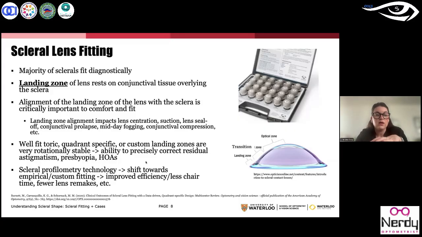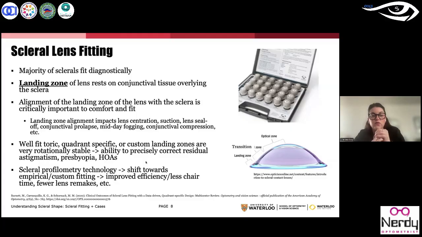They're very rotationally stable. And if we want to try and put any of those optical zone customizations that we mentioned earlier, front toric correction, HOAs, multifocals, we want the lens to be very, very rotationally stable. So our landing zone can really help with that.